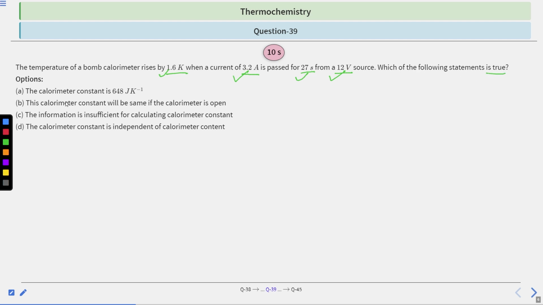The statements are: the calorimeter constant is 648 joule Kelvin inverse; this calorimeter constant will be the same if the calorimeter is open; the information is insufficient for calculating the calorimeter constant; or the calorimeter constant is independent of calorimeter content. So you have to choose the true statement among these four statements. You have 10 seconds to solve this question. After that, we will see the answer.